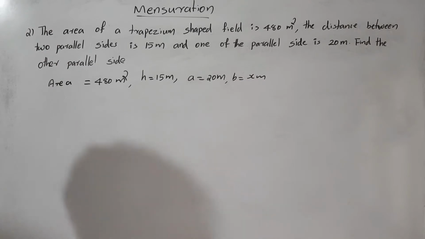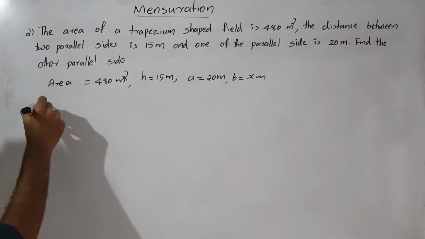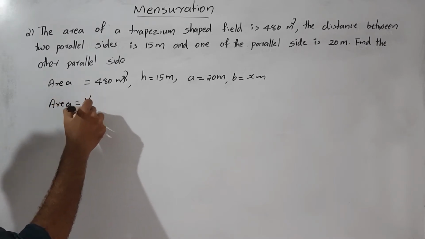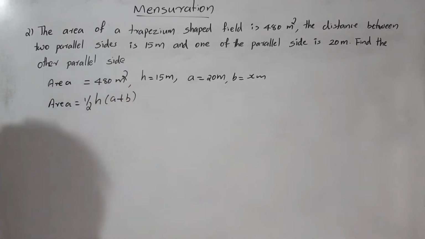So how do we apply this? We use the equation of the area of a trapezium because the area is already given. Area is equal to half into h into a plus b. This is the equation for the area of a trapezium.